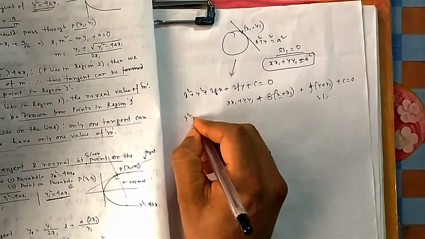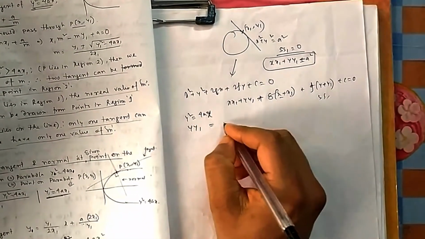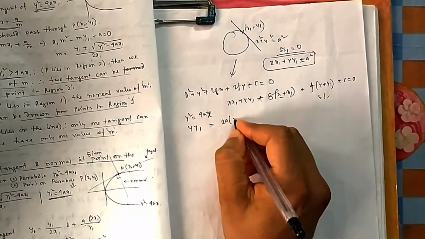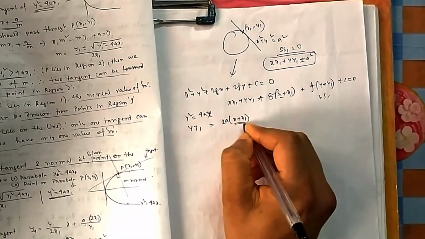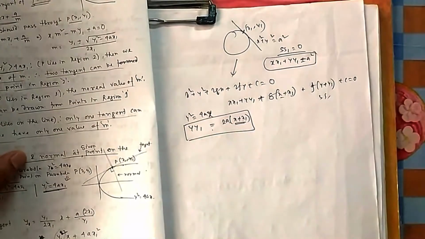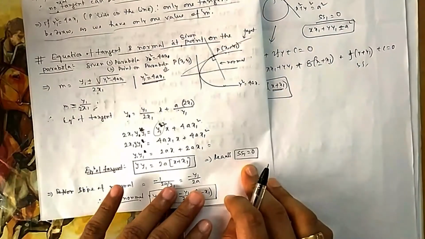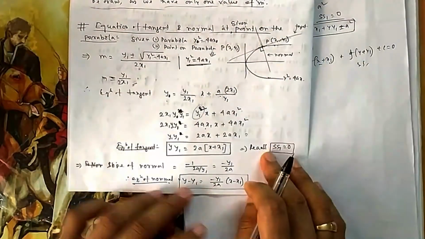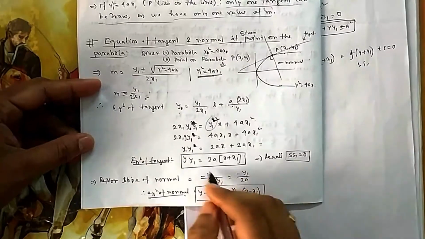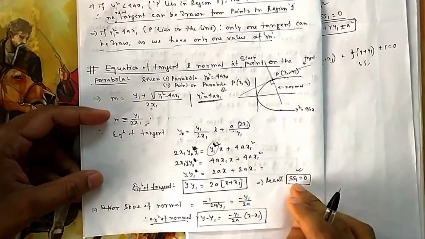So similarly, if y square equal to 4ax, what will you write? y y1 equal to 2a(x plus x1). The 2 you remove, because here it will be x plus x1, so you can think 2x is coming, so 2 twos are 4. For remembering, I am giving these shortcuts, so that you can remember. So this becomes your SS1 equal to 0. This is your equation of tangent at the point x1, y1. So you remember this one. This will be helpful for ellipse, hyperbola, everywhere.